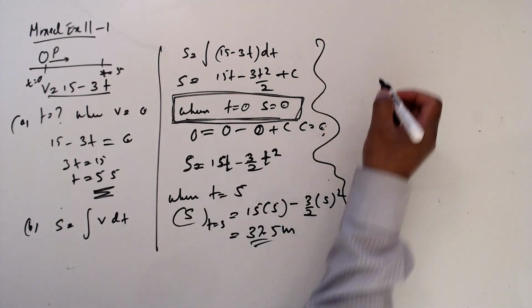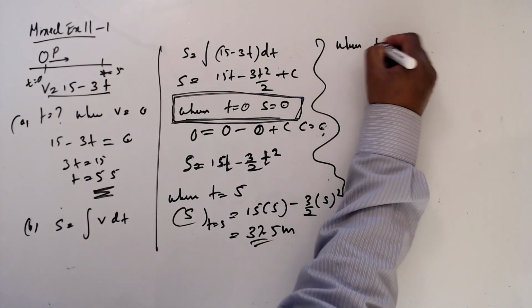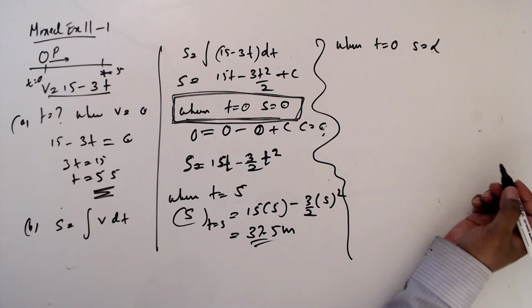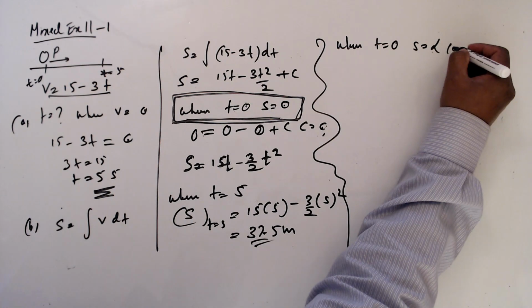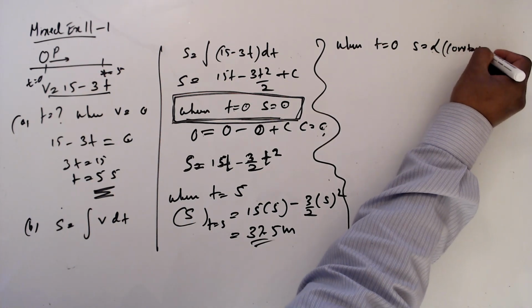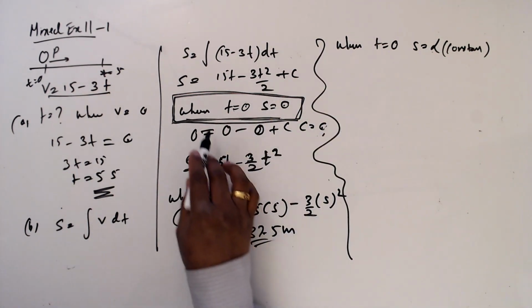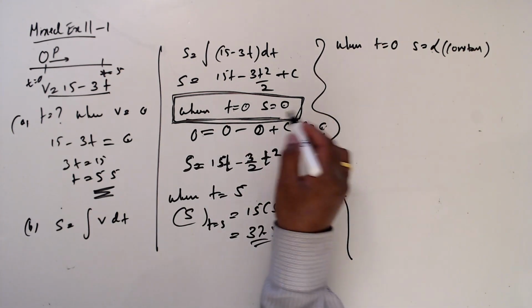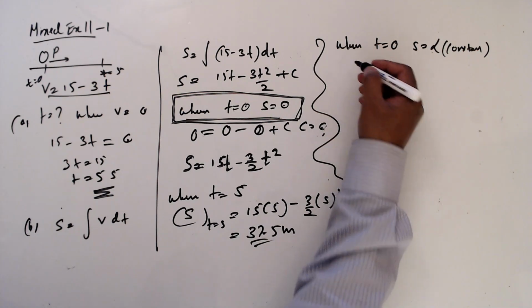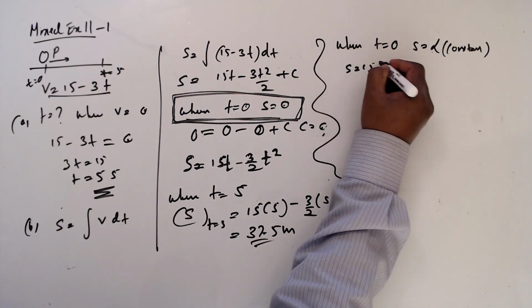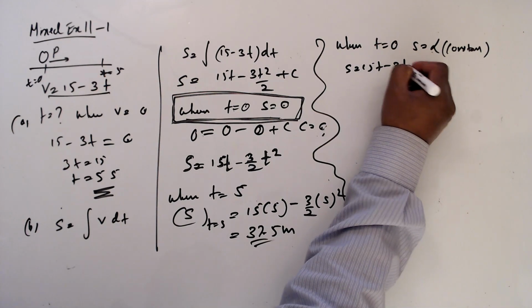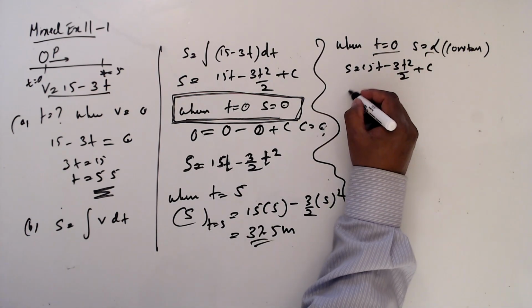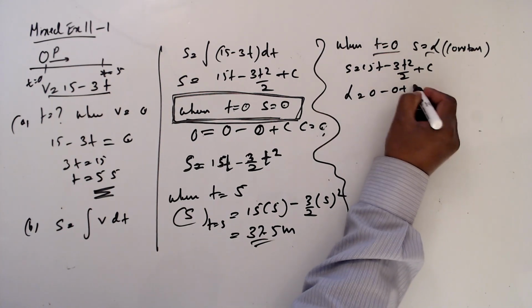When t equals 0, s is alpha. We'll take the distance as an unknown constant. Then we get the equation: s equal 15t minus 3t square over 2 plus c. So when t equals 0, alpha equals 0 minus 0 plus c.